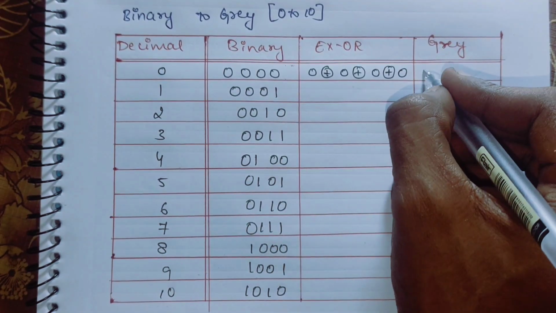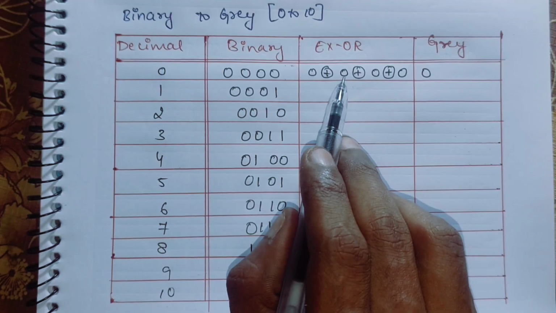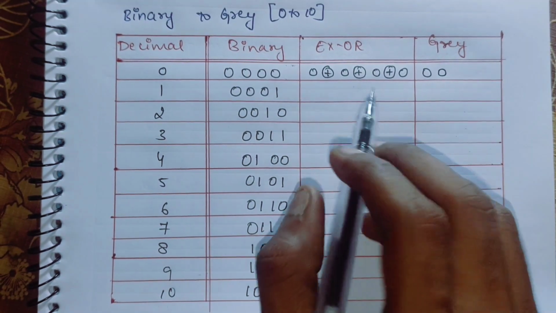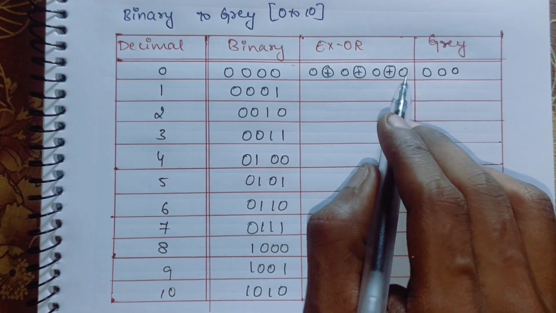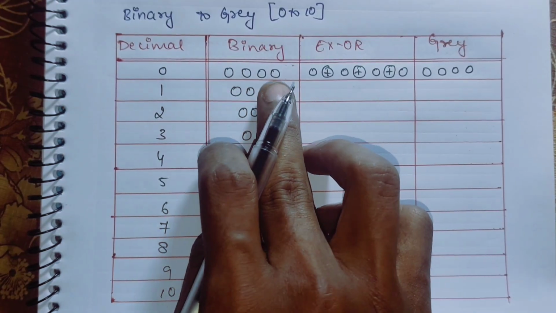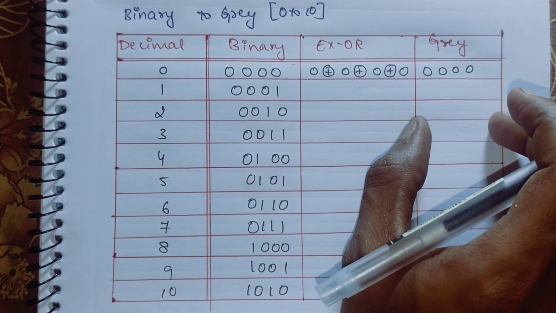So here we write the initial number itself. 0 XOR with 0, the same value, we get 0. For 0 XOR with 0, it is 0. 0 XOR with 0, it is 0. For 0, 0, 0, 0, we get 0, 0, 0, 0 as the gray value for this binary value.